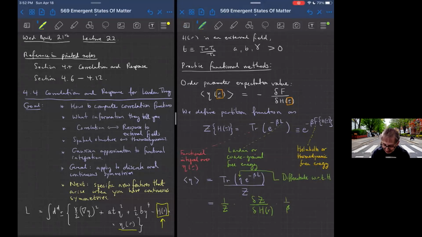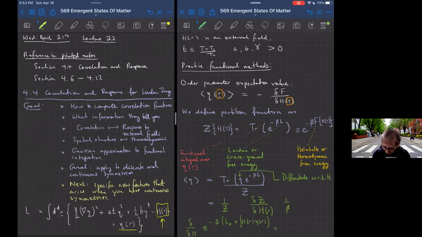So differentiating dZ by dh will give you d by dh of e to the minus beta. Let me write this as L naught plus h of r eta of r, like so.